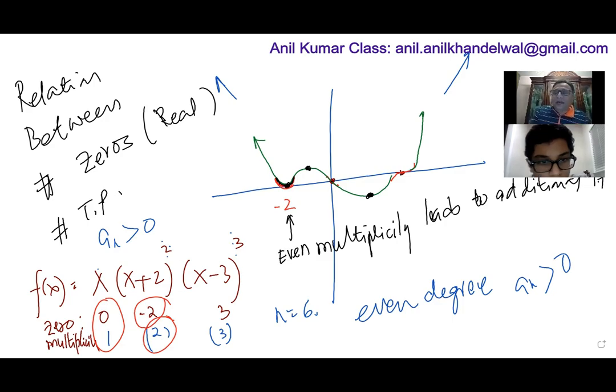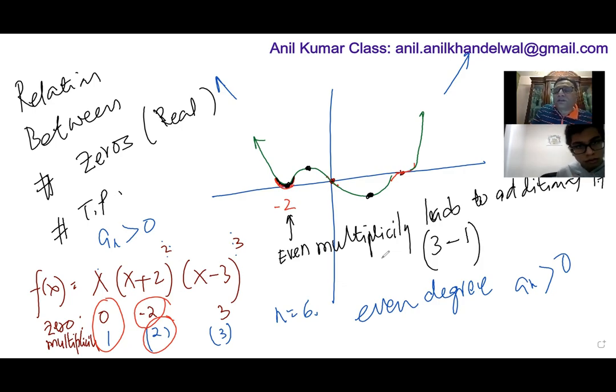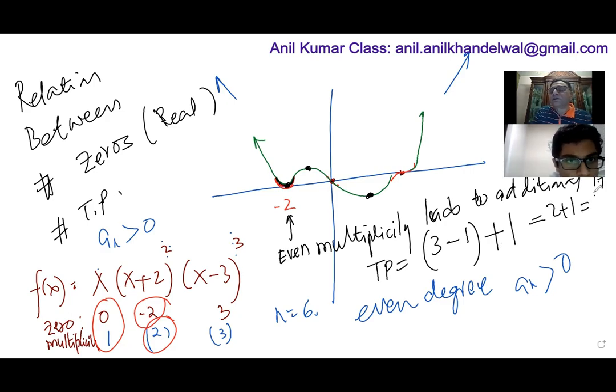So we had 3 zeros, right? 3 x-intercepts minus 1. So those are the number of turning points. We're trying to get the formula for turning points. Plus, how many have a multiplicity of even? 1. So we add. So what we get here is 3 minus 1 is 2, 2 plus 1 is 3. We have 3 turning points. You get the idea? So this is a very good formula for finding turning points.